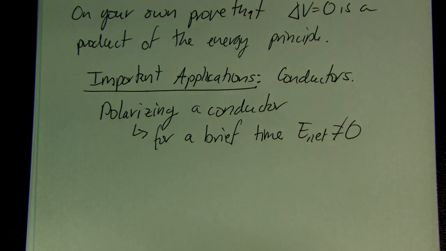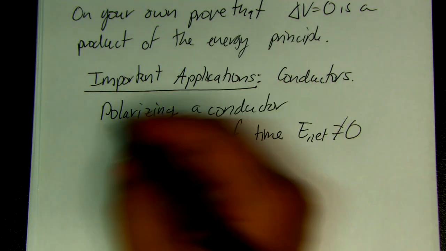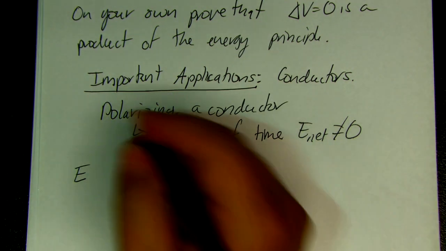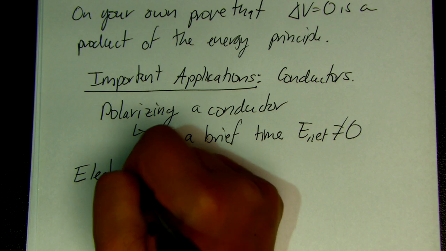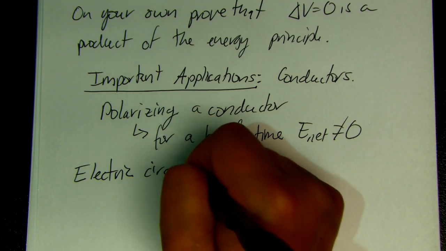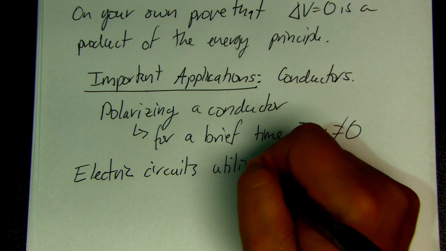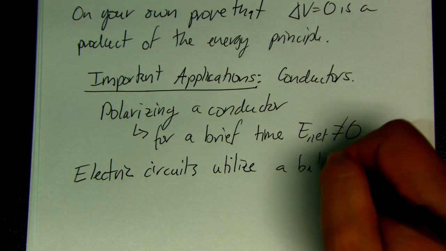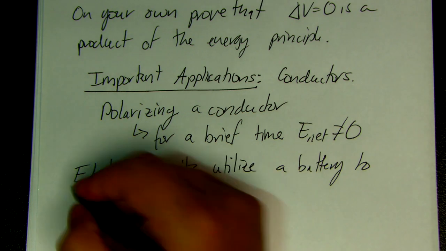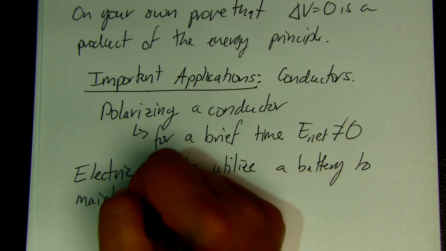And during that time, they're going to have a non-zero drift speed. All right, so if you want to keep the electrons moving, let's say you have a circuit. So electric circuits utilize a battery to maintain a non-zero field.